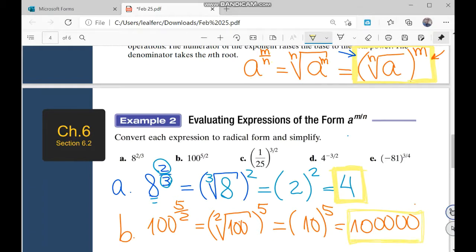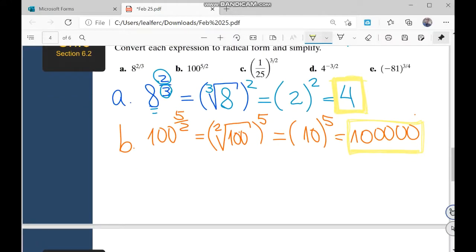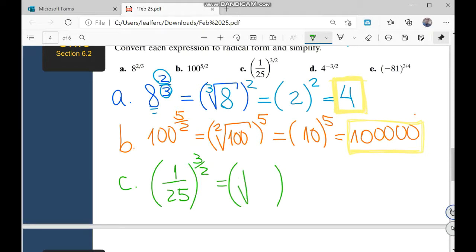One last example. Let us see. Now we have a fraction, 1/25, exponent 3/2. And it's the same step by step. Draw here the parentheses, draw the square root.